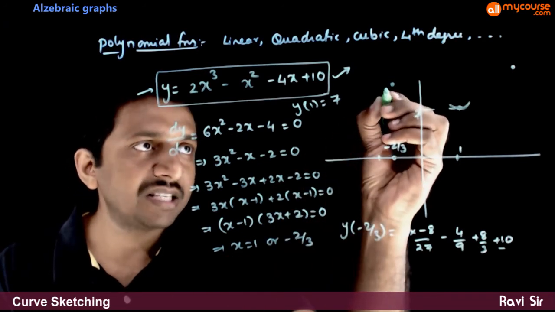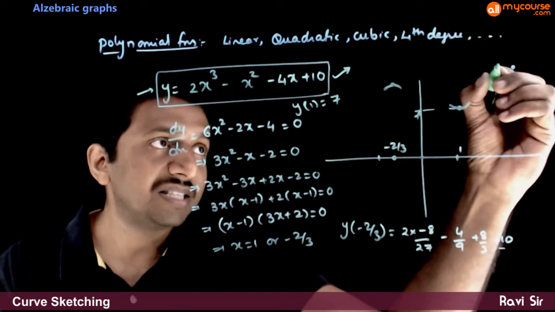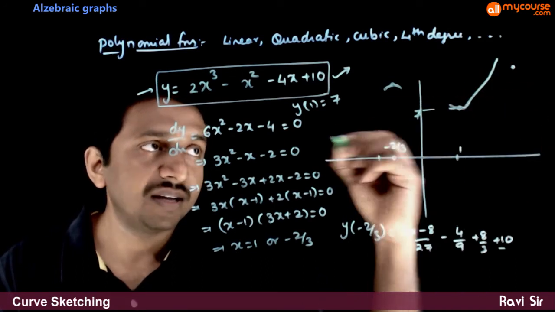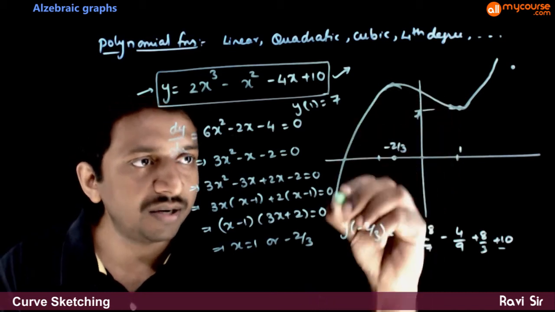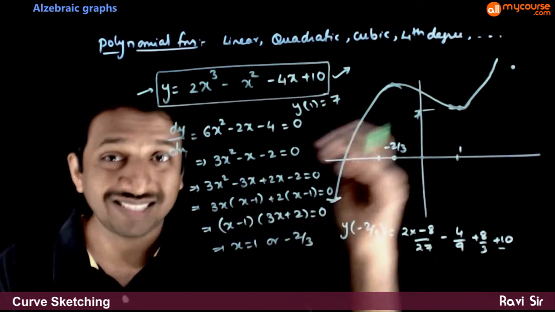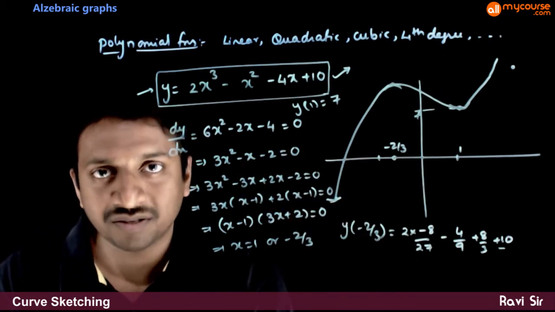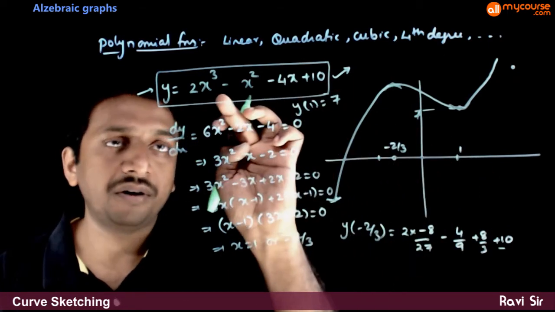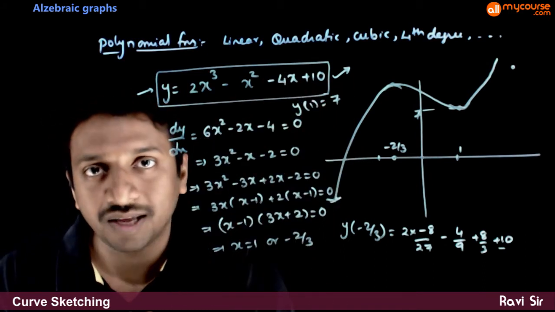Here you have a maxima, hence the graph has to be like this. And if you connect everything, it starts from above, it has a maxima here, it has a minima here, and then it goes down. It doesn't have any more maxima or minima, so it has to go down from this. So this is how the graph of 2x cube minus x square minus 4x plus 10 looks.